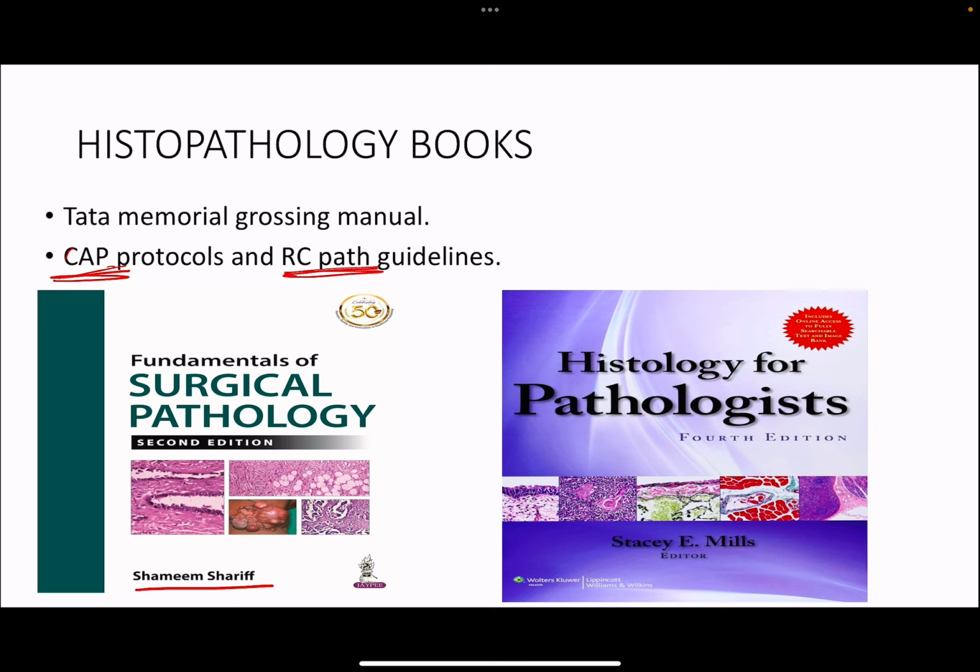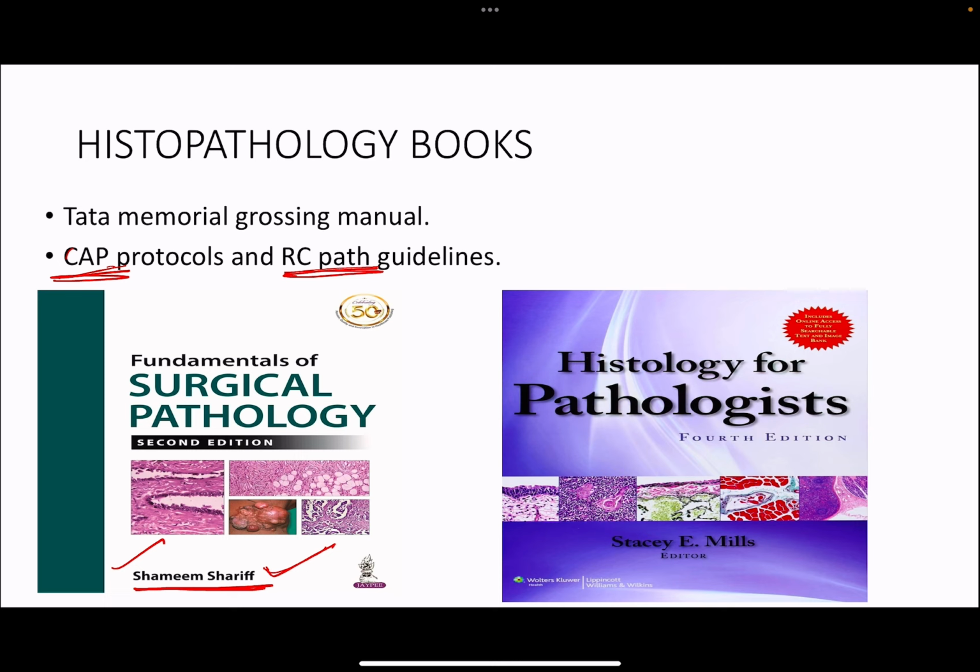Shamim Sharif is the basic and easiest book. It covers the histology and the grossing for each and every organ, how to do grossing, and what bits to take from where. Every condition is described in detail, in the simplest possible form. And I do read Shamim Sharif.